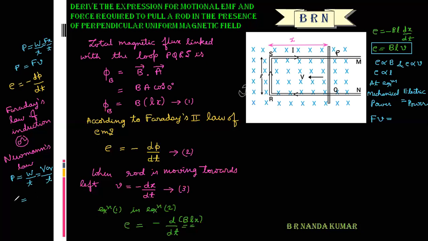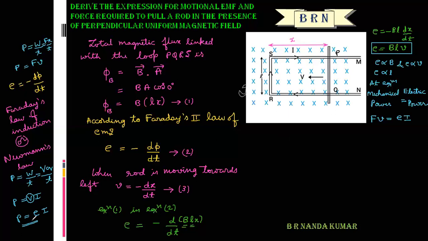So P is equal to VI. Here V is E, the motional EMF. So the electric power is E into I.